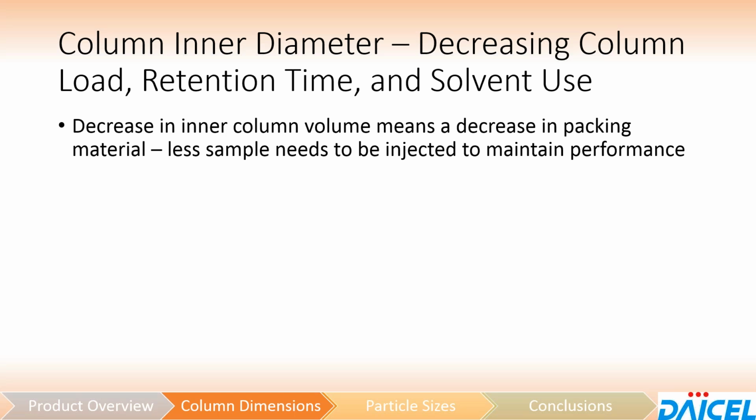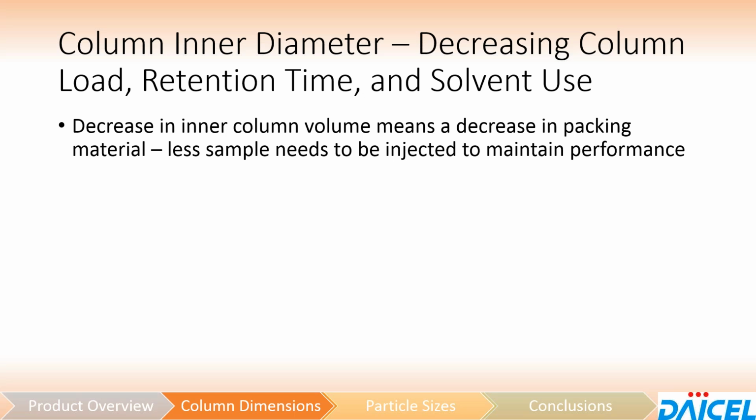If we, again, make sure that we keep the flow rate the same and we're just decreasing the column ID, we will expect to see a decrease in column loading, a decrease in retention time, and a decrease in solvent use as well. So decreasing the inner column volume means there's going to be less volume for packing material.